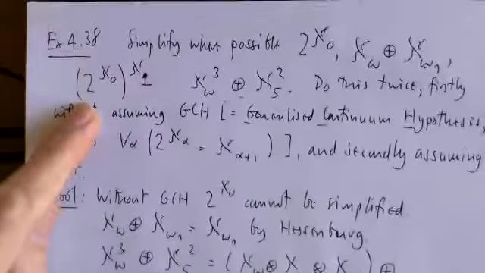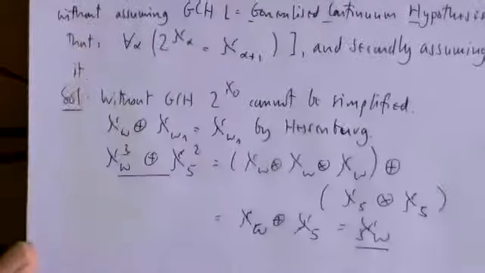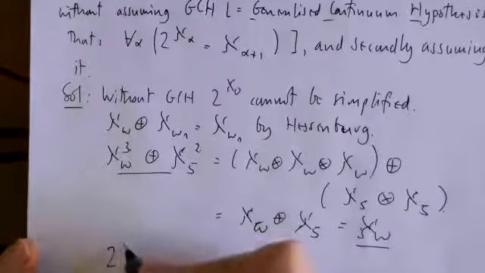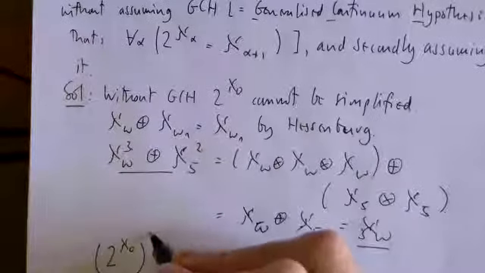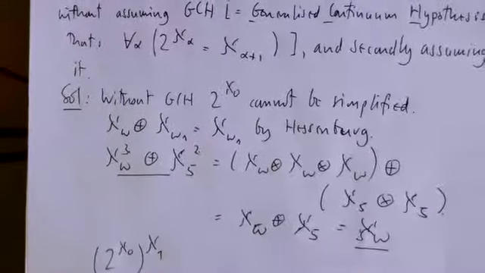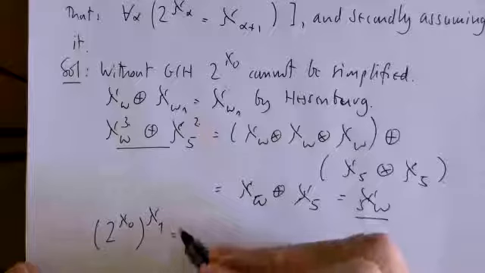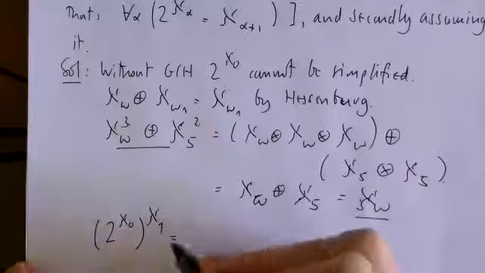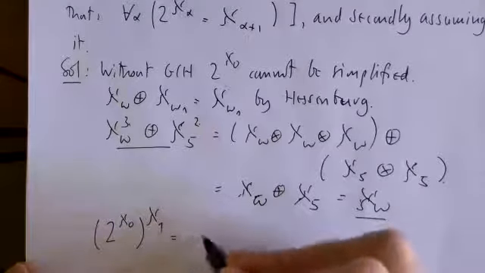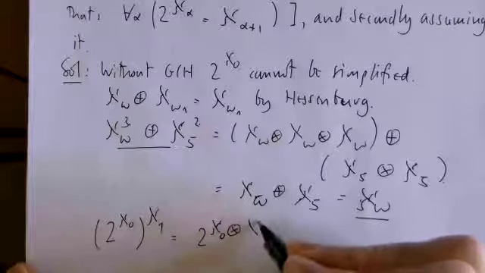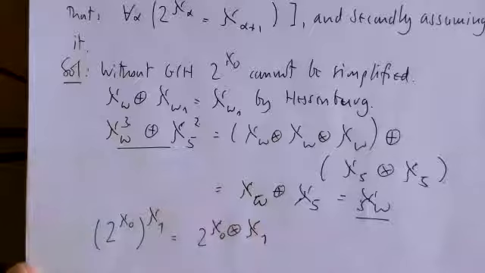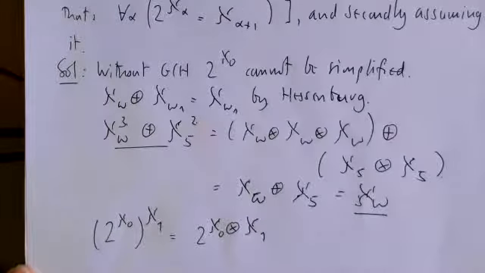And the last one is this here. 2 to the Aleph 0 to the Aleph 1 is just, by rules of cardinal exponentiation, 2 to the Aleph 0 times 2 to the Aleph 1 here.